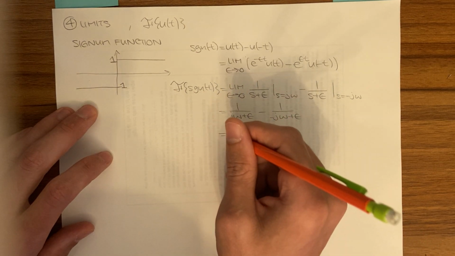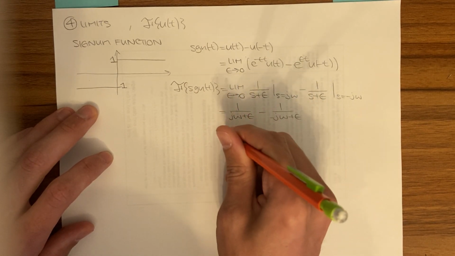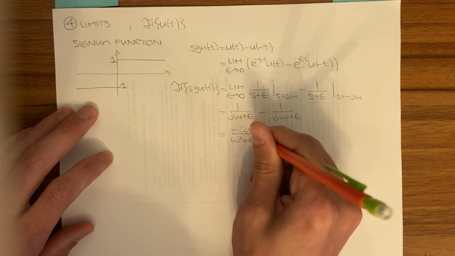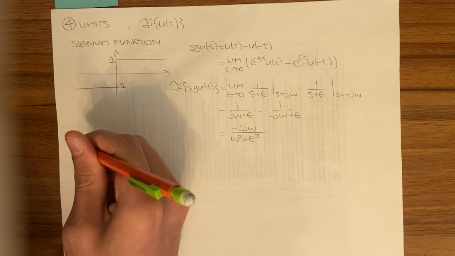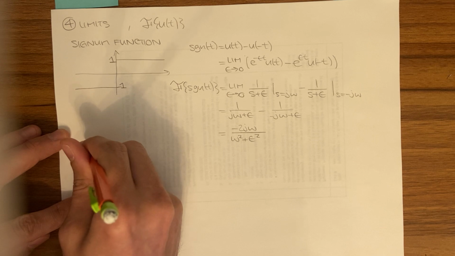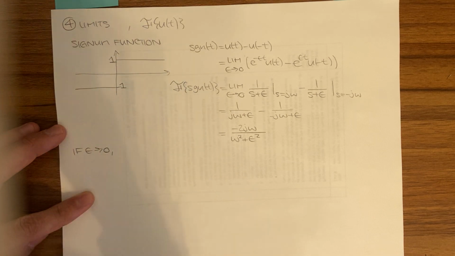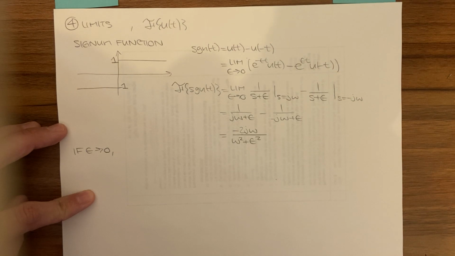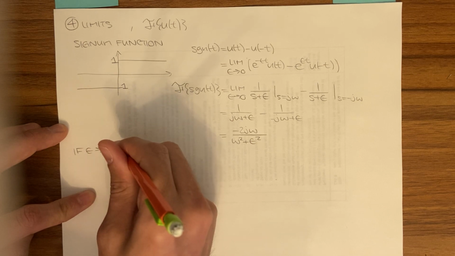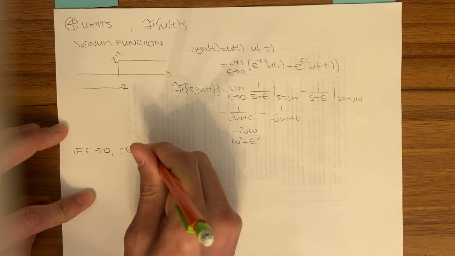Anyway, we can simplify this down quite a bit, and we end up with minus 2 j omega over omega squared plus epsilon squared. Now if epsilon were to go to 0, we would see that F of omega here would go to 2 over j omega.